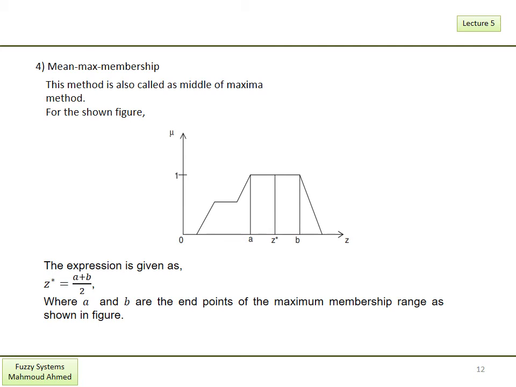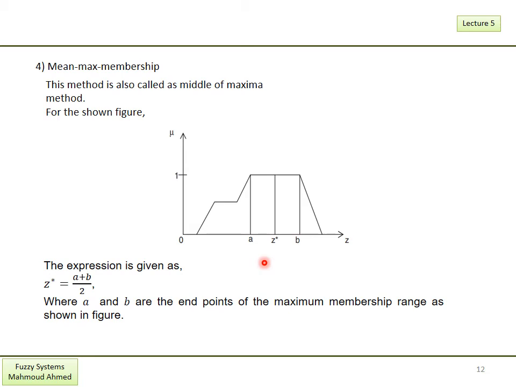The fourth method is the min-max membership function. We try to find the maximum value in the membership function, in this case represented by this line, which is equal to 1.